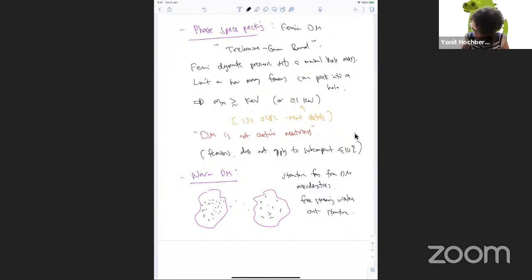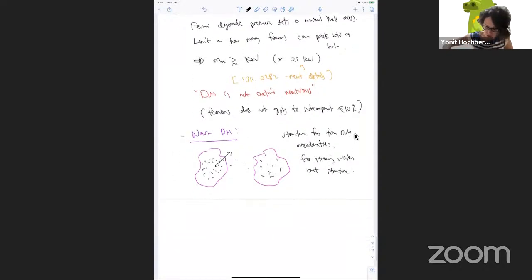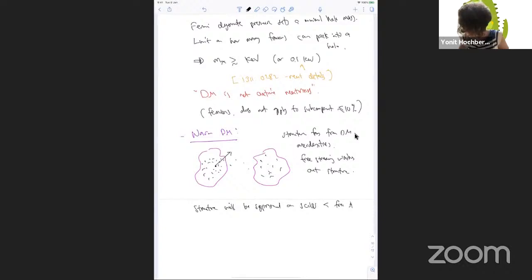If I have some dark matter particle here and it free streams out over here, then you expect that I'm going to wash out structure of sizes that are smaller than the free streaming length. So structure will be suppressed on scales that are smaller than that free streaming length.